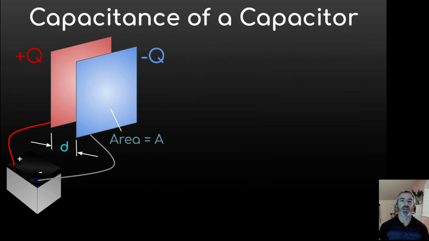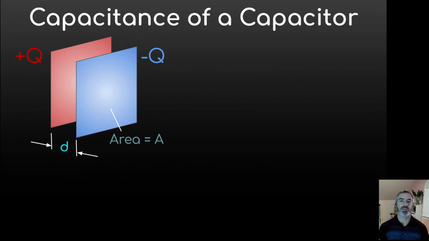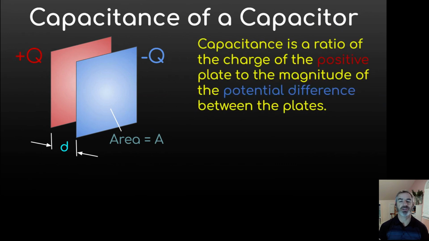Now, to calculate the capacitance of a capacitor, if we remove the battery and we just have those charged plates, the capacitance is a ratio of the charge of the positive plate to the magnitude of the potential difference between the plates.